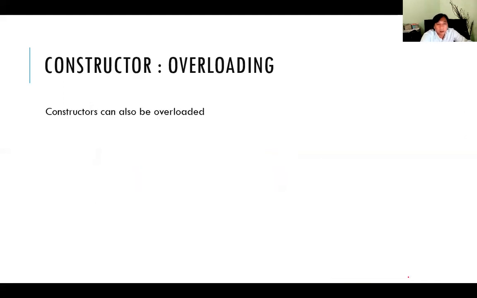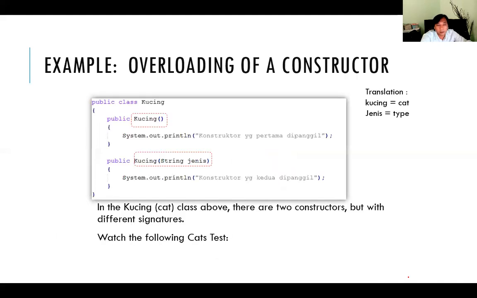And a constructor also can be overloaded. I believe you already know about this. So you can have multiple constructors inside a single class, the same concept as the method itself. So this is the example of multiple constructors inside one class.